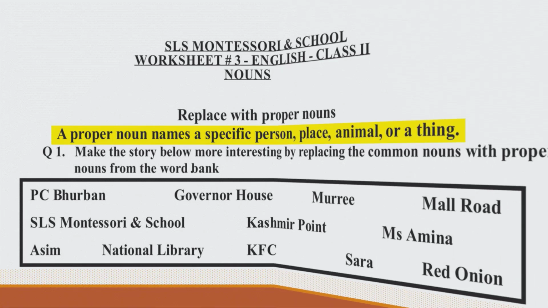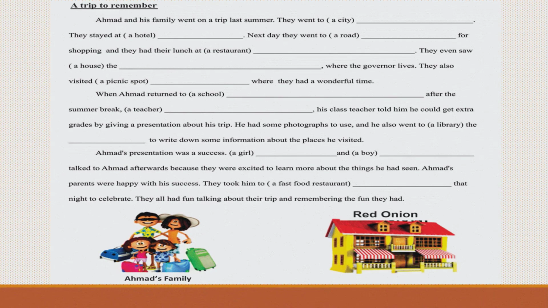A trip to remember. Ahmed and his family went on a trip last summer. They went to a city dash. Now city is a common noun and we have to write a proper noun for it. The city name written over here is Murray, so we are going to write Murray over here. They went to a city, Murray. They stayed at a hotel.